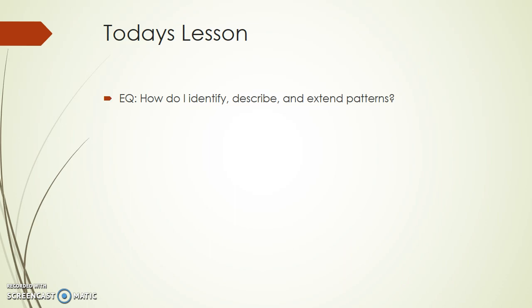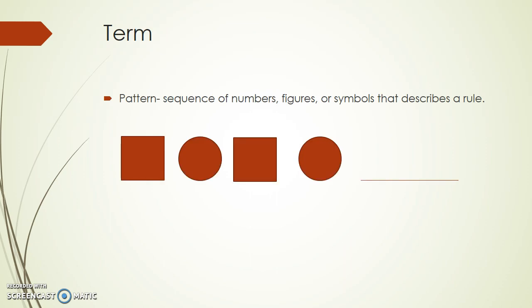The question is, how do I identify, describe, and extend patterns? Your term pattern is your sequence of numbers, figures, or symbols that describes a rule. So, back in your younger days in elementary school, you most likely had questions dealing with patterns with shapes.